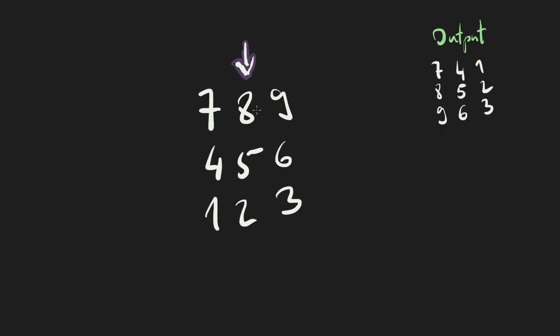Number 8 has coordinates of 0, 1. So if we swap the numbers in this position, 4 goes here and 8 is here. Let's move on. 9 has coordinates of 0, 2, and 2, 0, which holds 1, and we swap those.